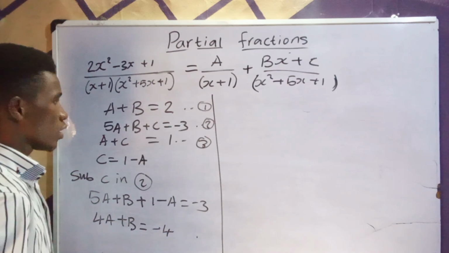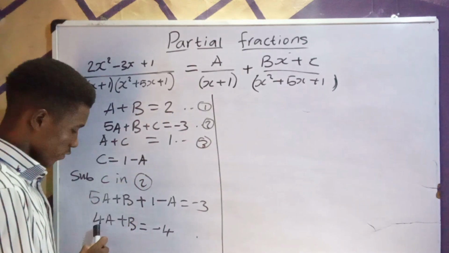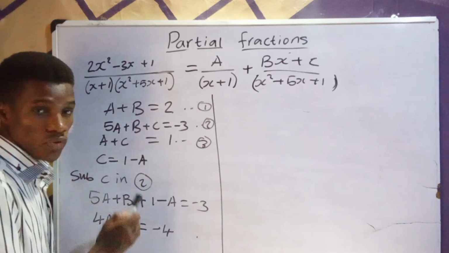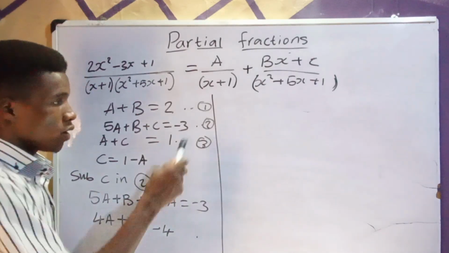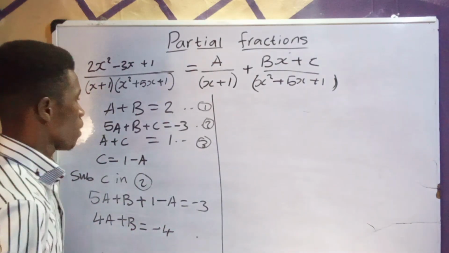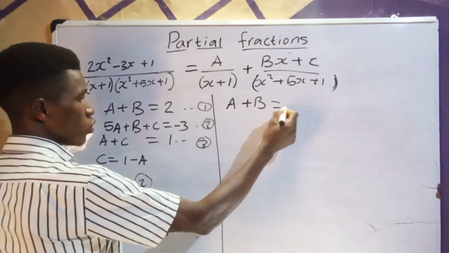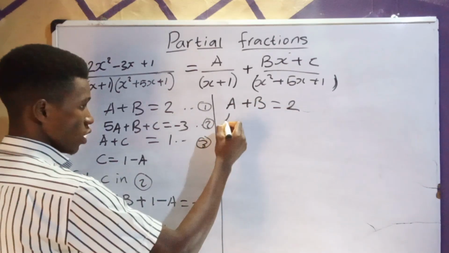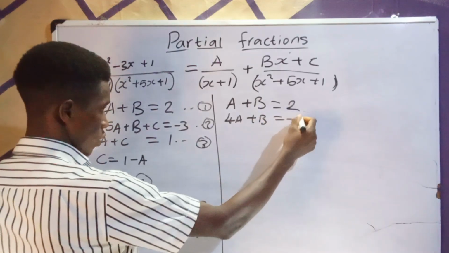So if you look, from equation 1 we have A plus B, and from equation 2 we have 4A plus B. So we can solve these two now by elimination to get rid of B, right? So let's solve it here. A plus B equal to 2 and 4A plus B equal to minus 4.